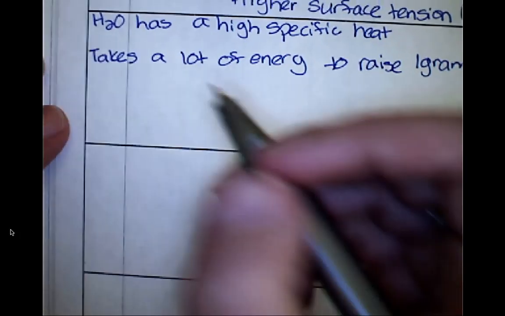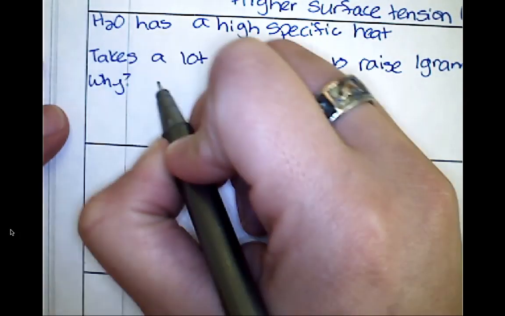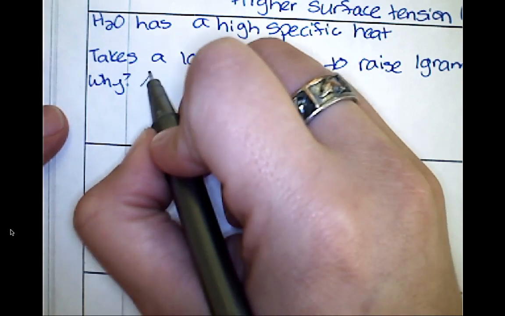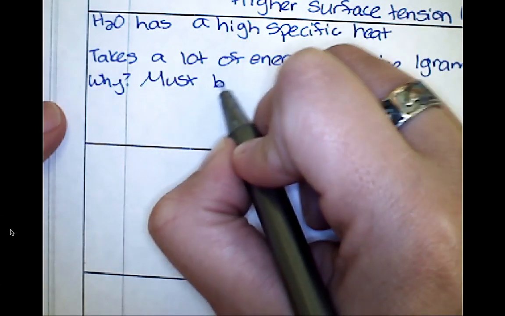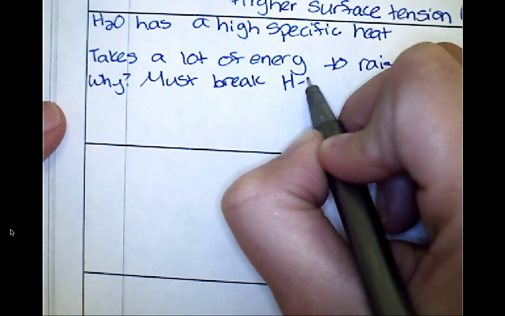Okay? And the reason why it does this, if you want to ask yourself why, is our friend the hydrogen bonds. You've got to break all those hydrogen bonds first. Get those molecules moving, okay?